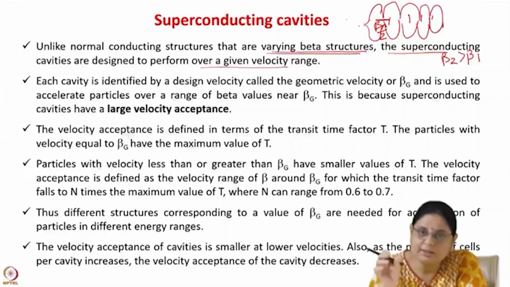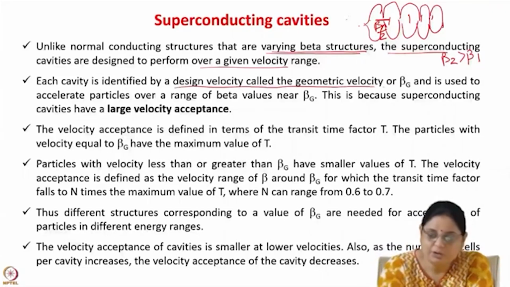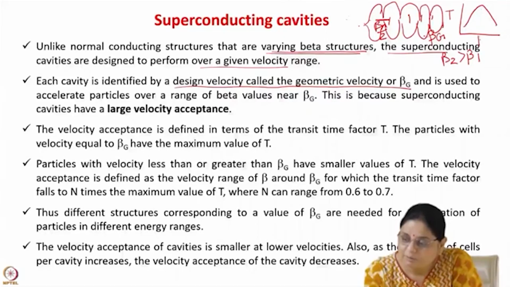So you design a superconducting cavity at a certain beta and use it to accelerate for a range of beta around that beta value. Each cavity is identified by a design velocity called the geometric beta, beta g. You design this for beta g, and you plot the transit time factor for this cavity for different values of beta or energy.